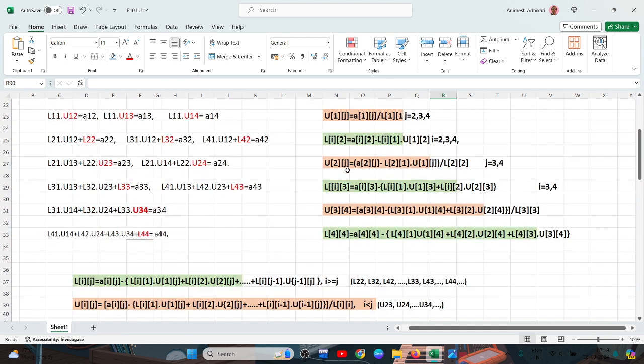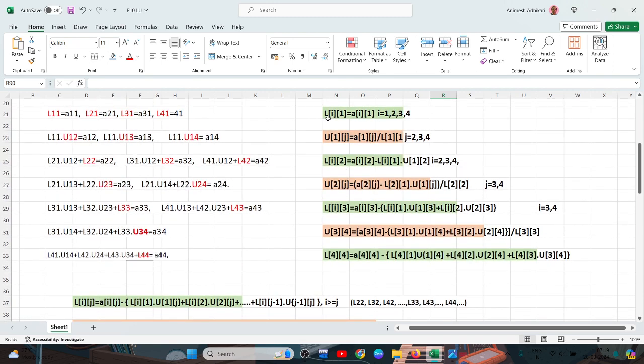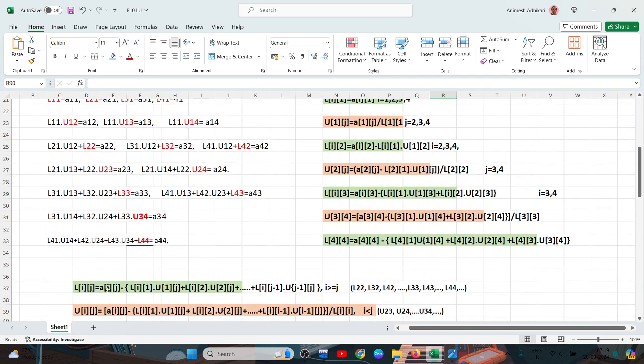Compactly, we write Li1 equal to this, U1j equal to this, and Lij equal to Aij minus Li1 into U1j plus Li2 into U2j plus dot dot dot plus Li,j-1 into Uj-1,j.